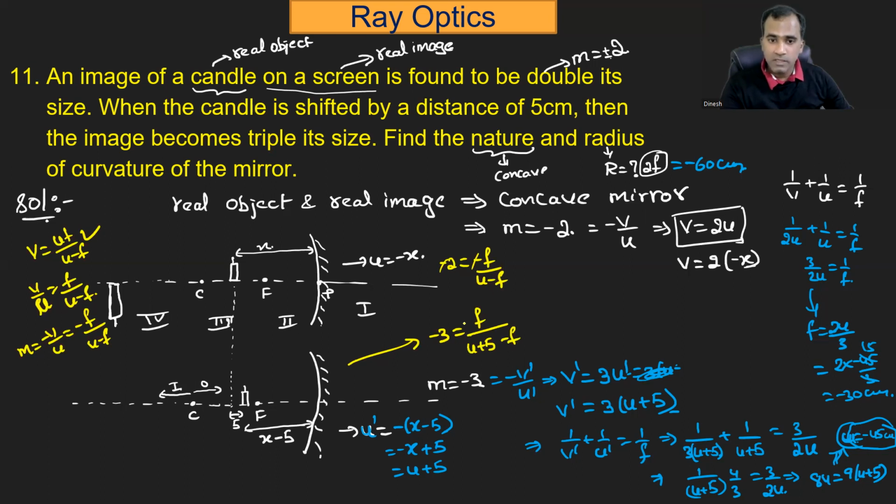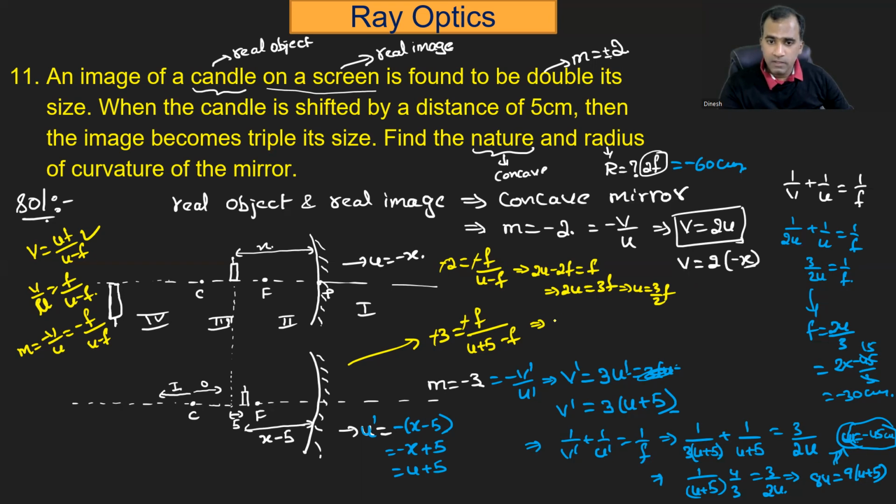So I think now it's easy. This is minus F by U minus F. Minus gets cancelled. So from this, 2U minus 2F is equal to F. 2U is equal to 3F, or U is equal to 3 by 2F. Same thing we got here also, using another procedure.